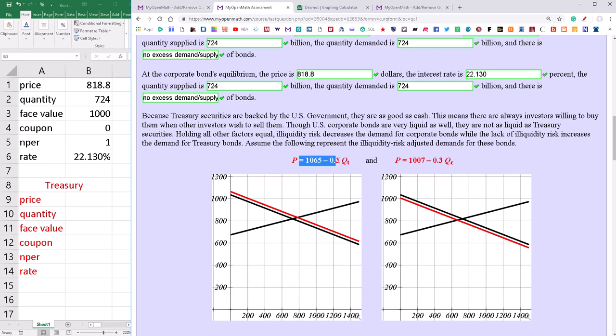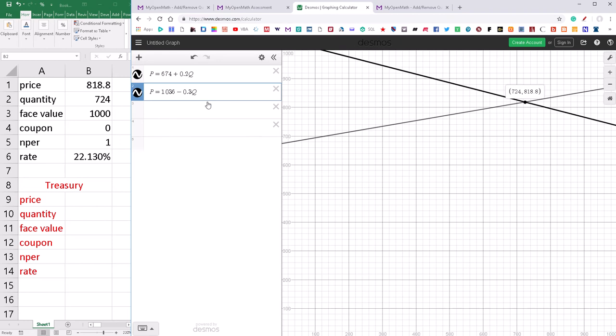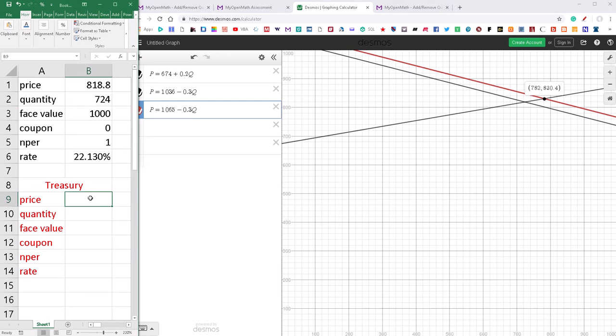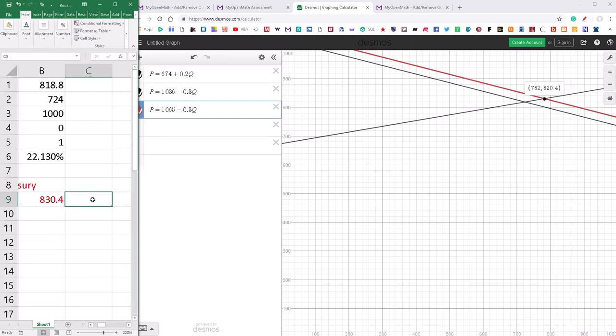So let's go ahead and put the demand curve for treasuries into Desmos. And we'll do the treasury first. Whoops, I forgot the P. Okay, so let's get the treasury price and quantity. For the treasury, because of being much more liquid than corporates, the price gets bid up to $830.40.